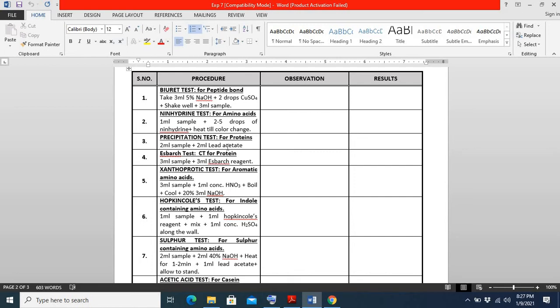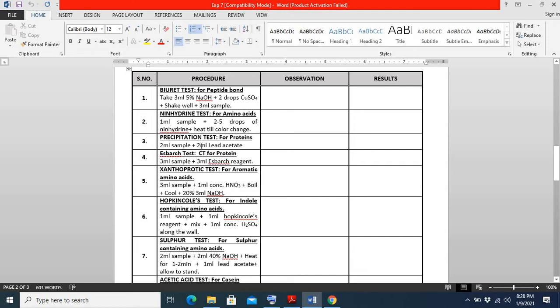How can we say that protein is present in the unknown sample? Because previously we have performed two tests, one is the Biuret test and the other is the Ninhydrin test, and these two tests have indicated the presence of a peptide bond and the presence of amino acid respectively in the sample. So the unknown sample contains the peptide bond and the amino acid.